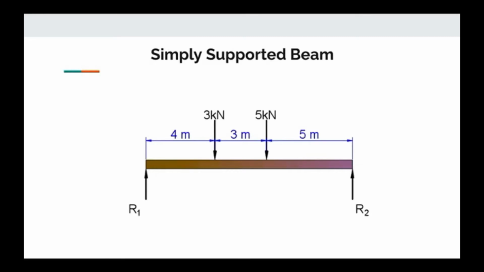As you can see in the image, the 2-point loads of 3 kilonewtons and 5 kilonewtons respectively are being applied. For this exercise, I'll use R1 as my pivot point, or the point that I'm going to take moments from. So let's begin.